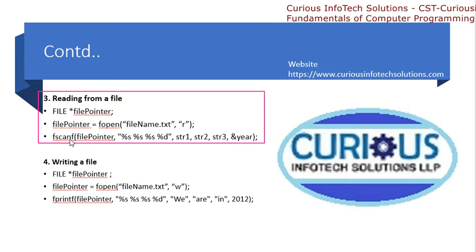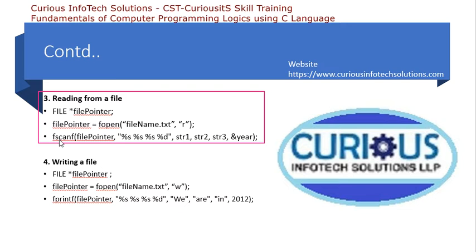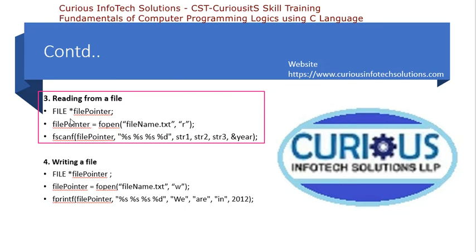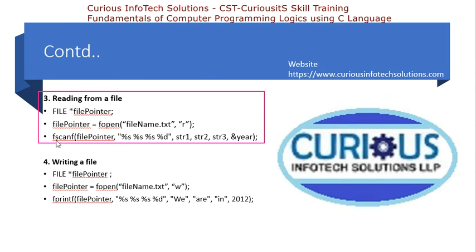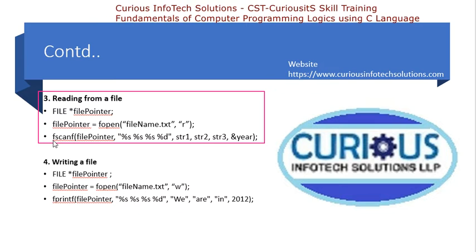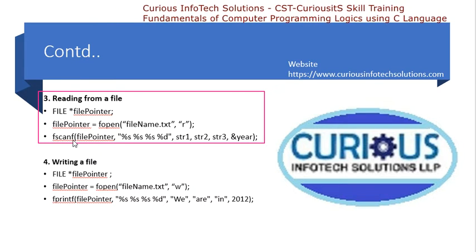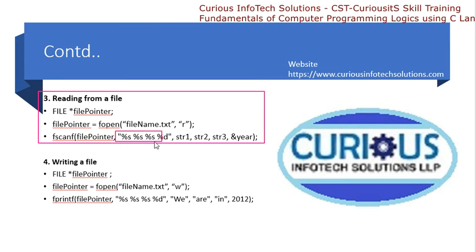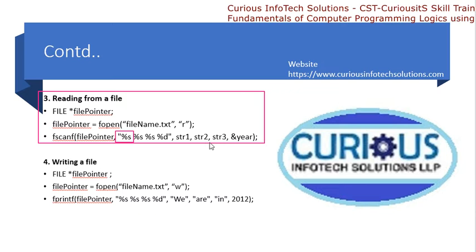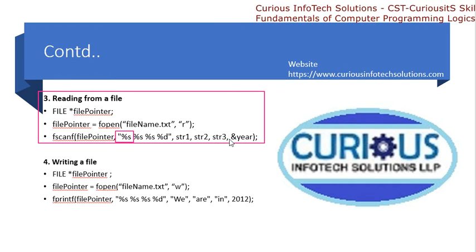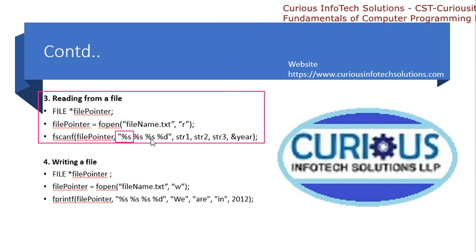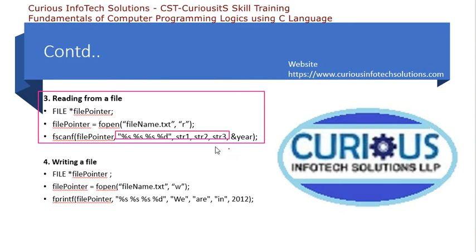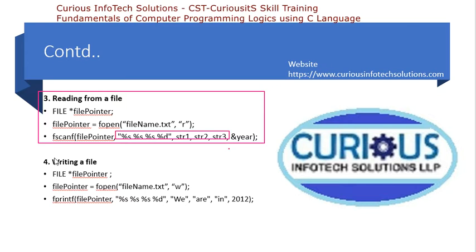You are reading from a file, just as we use scanf for reading data from the keyboard, but whenever we use the f, it is from a file, formatted. So this is %s for string 1, %s for string 2, and %s for string 3, and likewise %d for the year. This is the way we use fscanf.